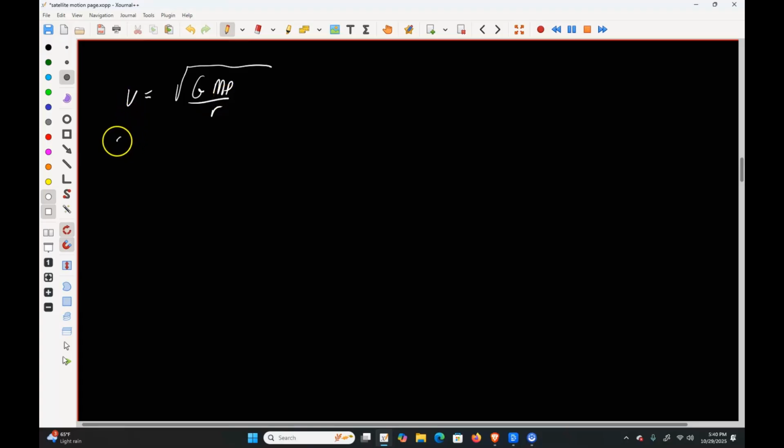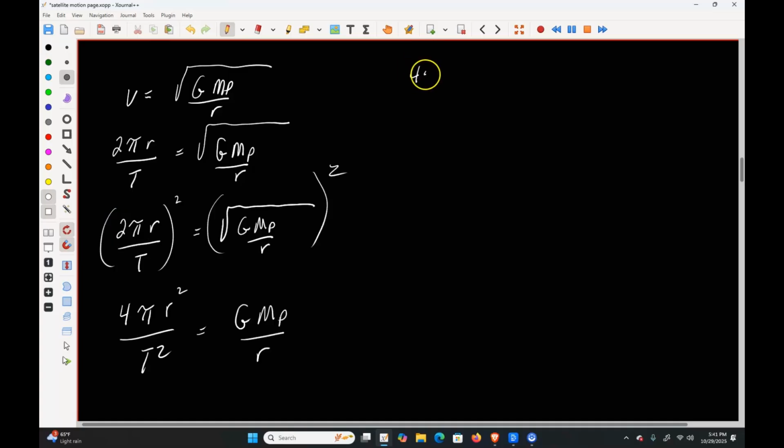So velocity is equal to 2 pi r over t, which is equal to the square root of G times the mass of the planet over radius. Let's square both sides. So I would have 4 pi squared r squared times r is equal to G m_p t squared.